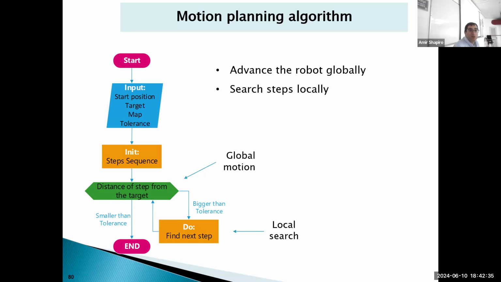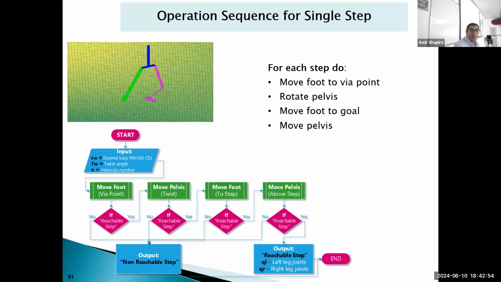We start with a step sequence, generate a step sequence, and find the distance of our path from the target. If not, we plan more, and this is very similar to before.